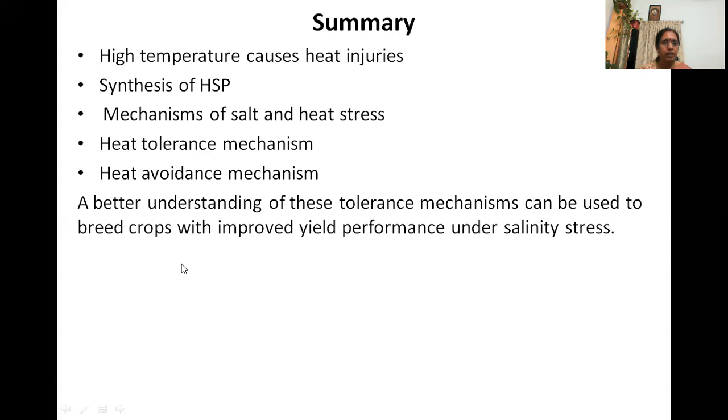And these heat stress mechanisms are very, very important from the point of view of agriculture, because if the temperature is increased, then there is definitely a decrease in the yield of the agriculture produce, and this will definitely result in yield loss or reduced income for any farmer. So this is a serious matter of concern.